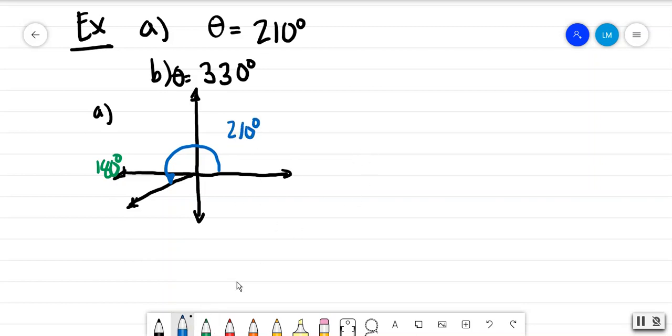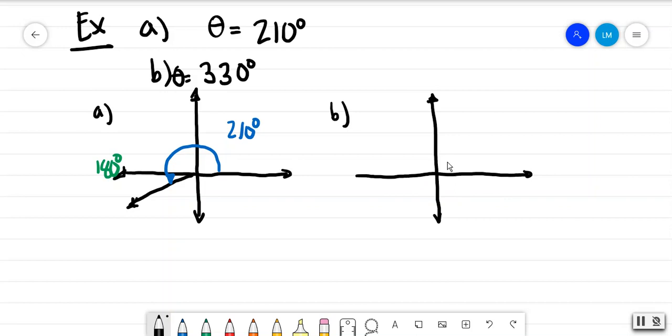If we redraw part B, similarly, if we do 330, it's the same. Now, you might be wondering, did I just ask the same question? Not really, because if we draw each one, you'll notice that they terminate in two different quadrants. So that's how I know that I didn't technically ask the same thing in this question.